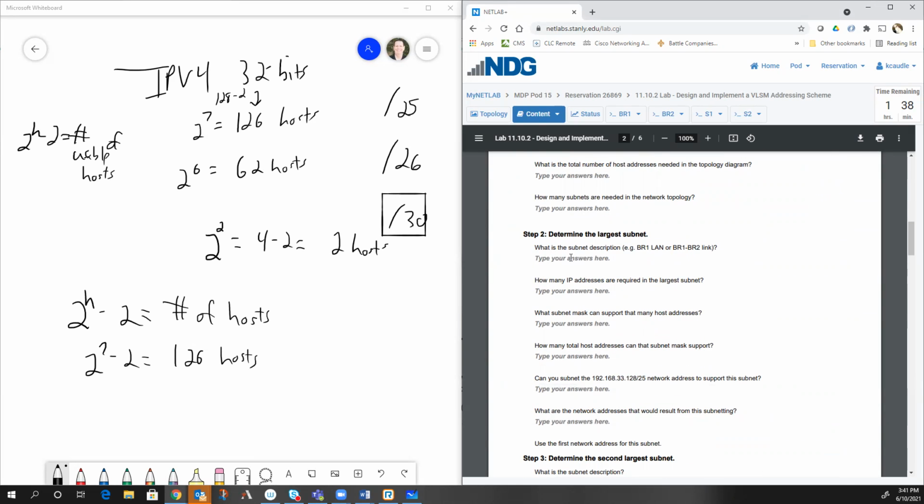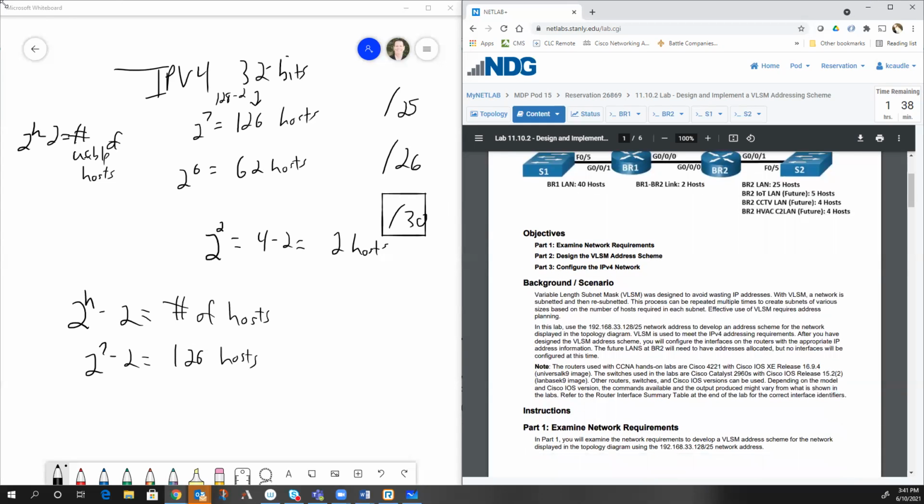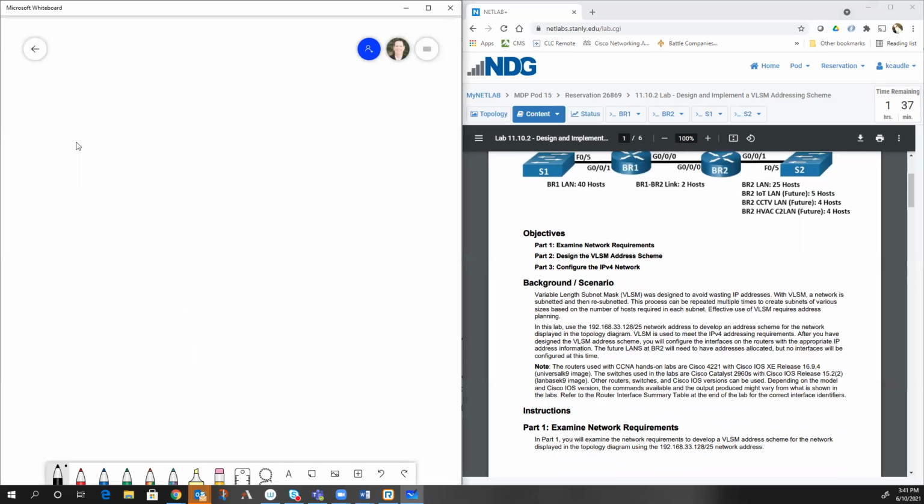Determine the largest subnet. Now we look here, our largest subnet is going to be this BR1 LAN, which is 40 hosts. All right. So let's go back out and look. They've given us the network 192.168.33.128/25.